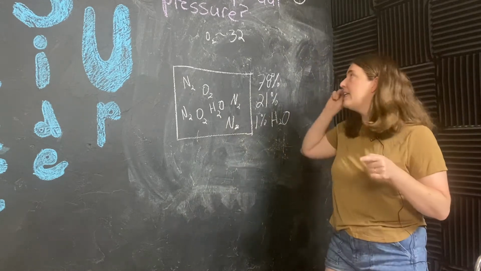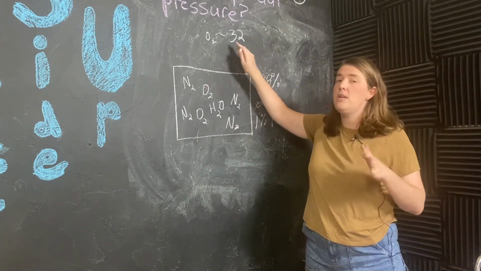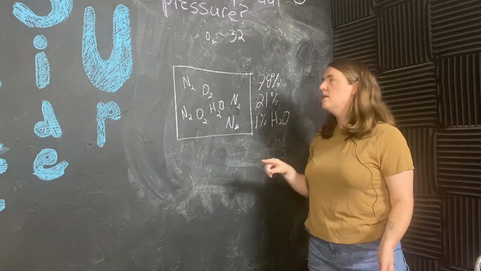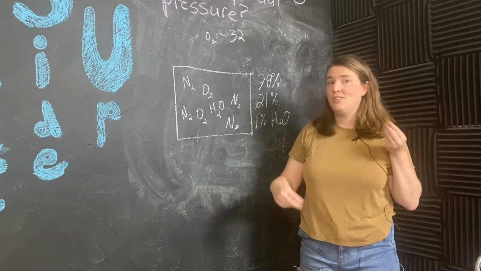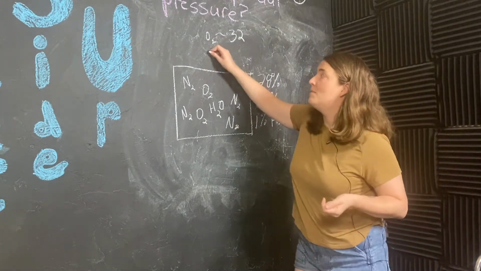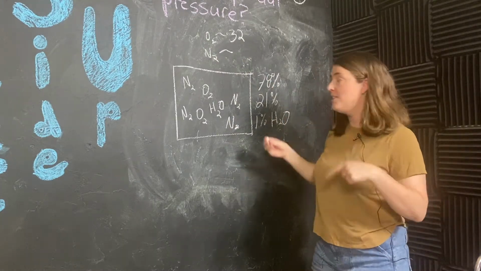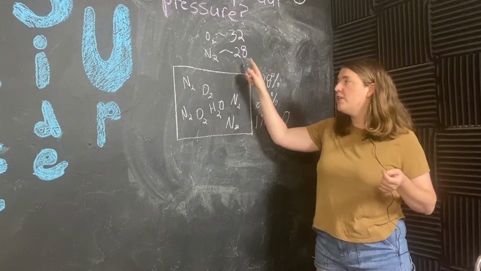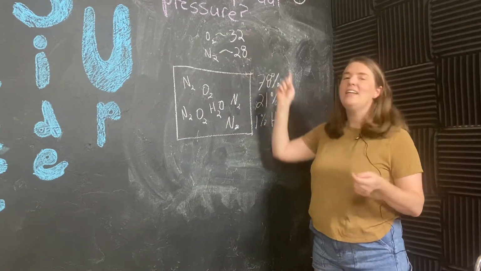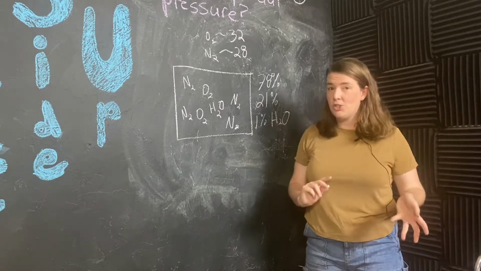So for right this second, let's just think about the weight as related to the number of things in the nucleus. Nitrogen has 7 neutrons, 7 protons, so diatomic nitrogen would only have 28. So even though I have more nitrogen than I have oxygen, each oxygen atom weighs more than each nitrogen atom.